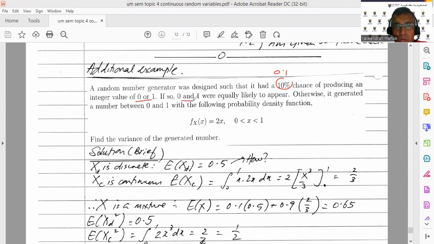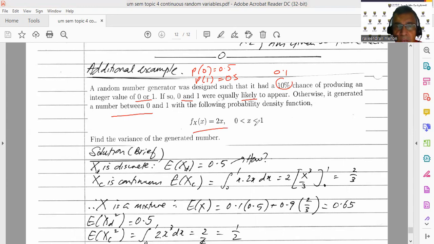If so, 0 and 1 were equally likely to appear. So probability of 0, probability of 1, 0.5, 0.5. Otherwise, it generated a number between 0 and 1 with the following probability density function.